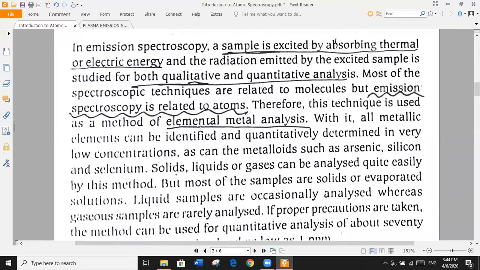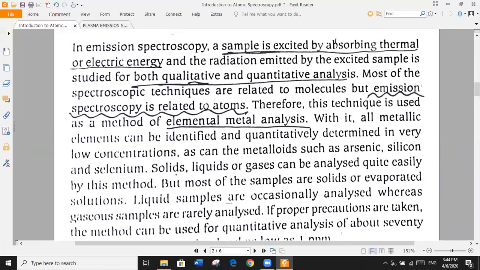With it, all metallic elements can be identified and quantitatively determined in very low concentrations, as can the metalloids such as arsenic, silicon, selenium, etc. Solids, liquids, or gases can be analyzed quite easily by this method, but most of the samples are solids or evaporated solutions.